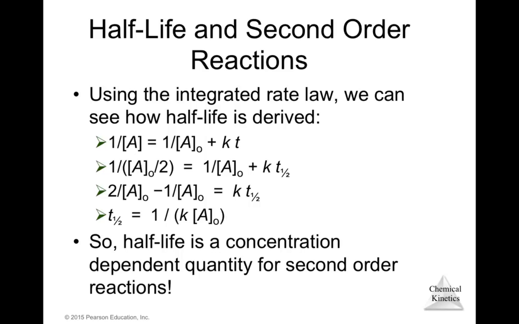Different from the first order reaction, where the half-life depends only on the rate constant, in this one the half-life also depends on the concentration of the reactant, the initial concentration. That is a really important difference in the half-life between the second order and the first order.